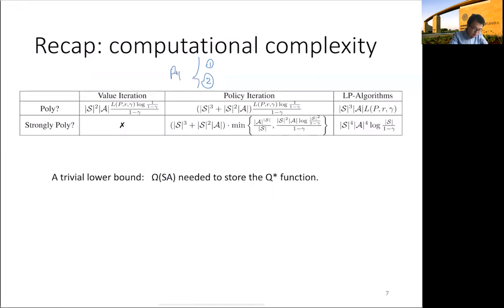Repeat: the first step is policy evaluation of pi t, and then policy improvement by choosing pi t plus 1 equal to argmax of Q of pi t, right?